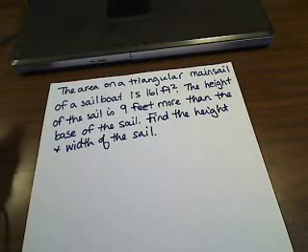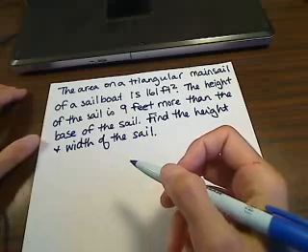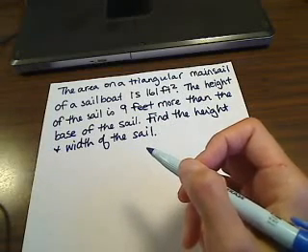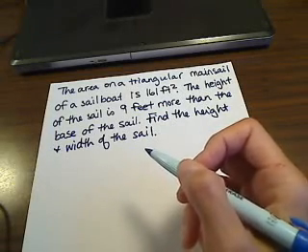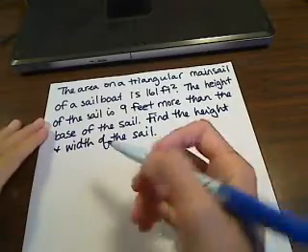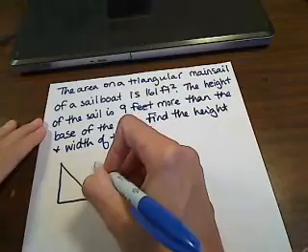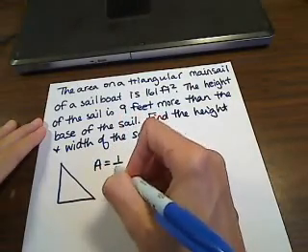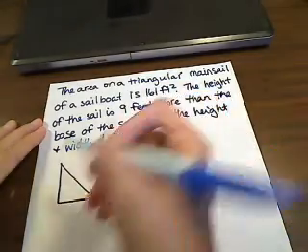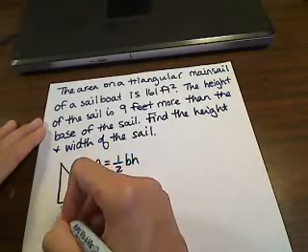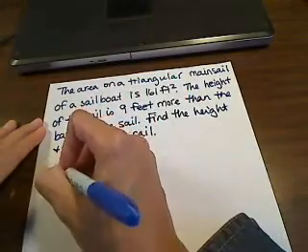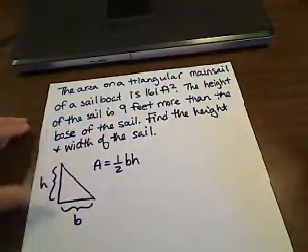Okay, the first thing we have to take note of is that we're dealing with the area of something triangular. So we should get in our minds that the area formula for a triangle is 1/2 base times height, when my base is this distance right here and my height is that distance right there.